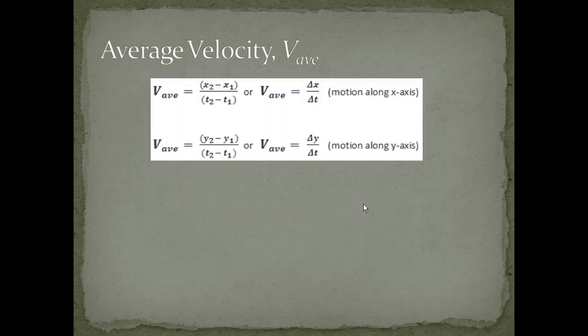Just like what we see here in this set of equations, the average velocity is the change in x over the change in time, where change in x is the general symbol for the displacement. When the motion is along the x, we make use of x. When the motion is along the y, we make use of y.